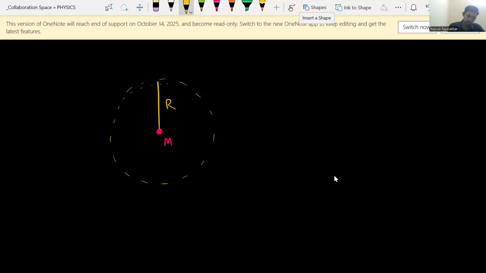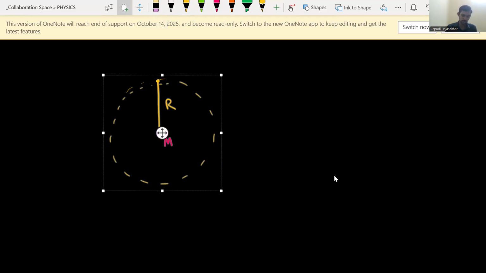If any particle is revolving in a circular orbit, a force acts towards the center. This we know already. I delete everything because there is no neatness in the diagram.